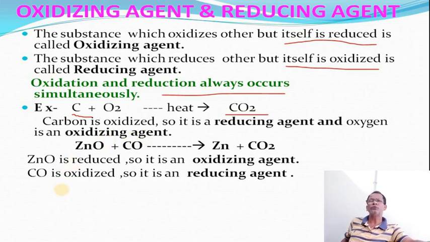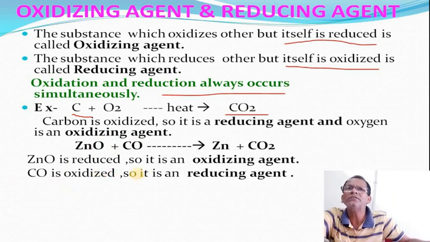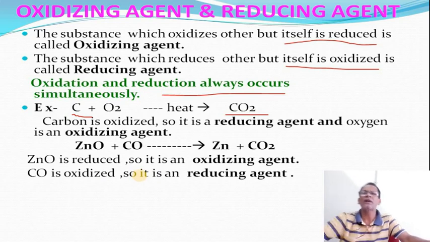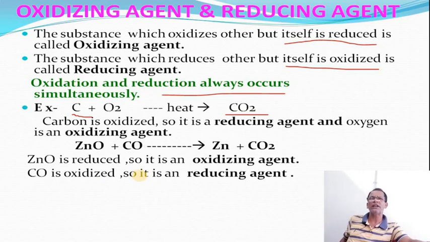Carbon monoxide is converted to carbon dioxide, which means carbon monoxide has added oxygen. So carbon monoxide is oxidized and zinc oxide is reduced.